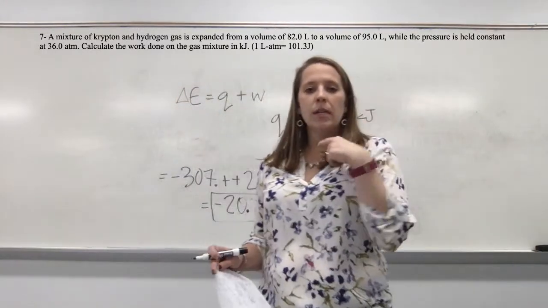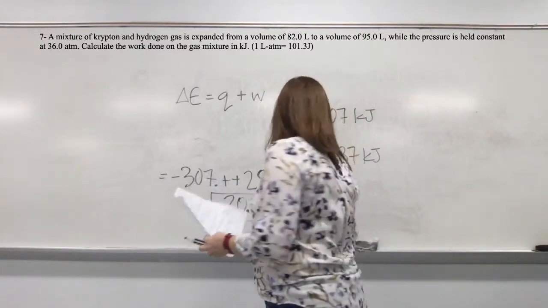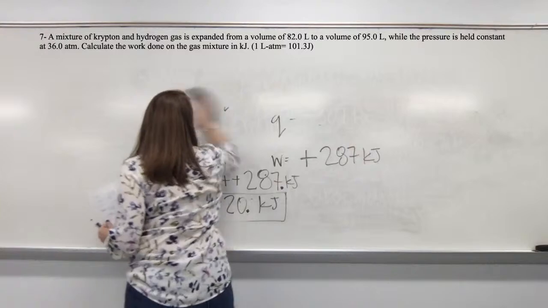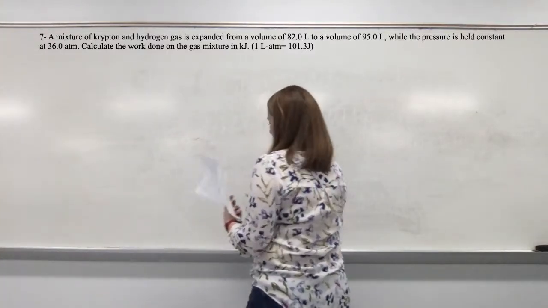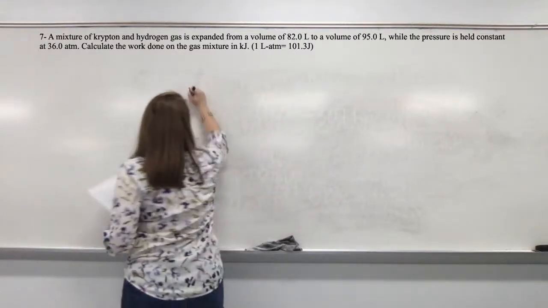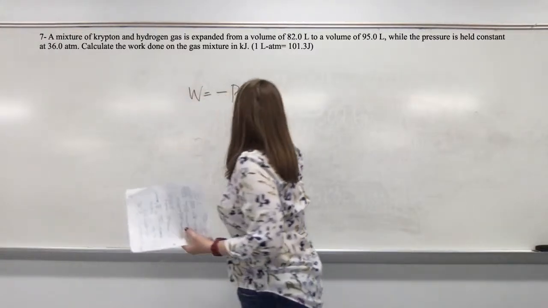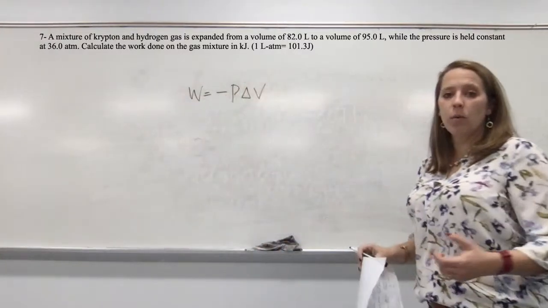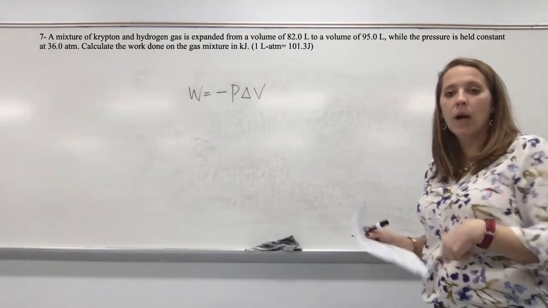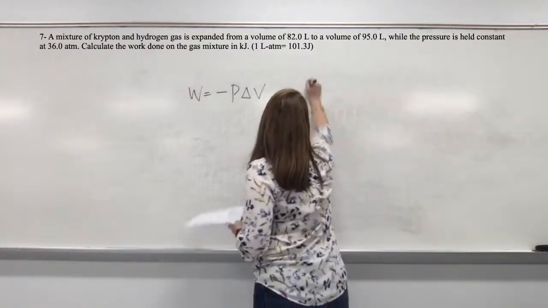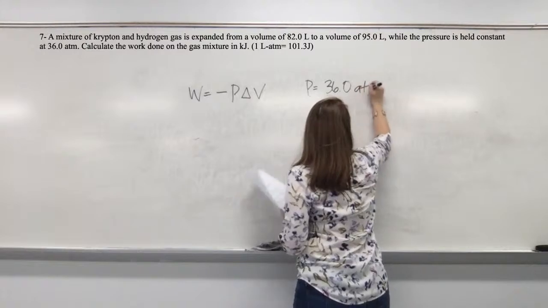So in this question, it's going to be work equals negative P delta V. So that's the equation we're going to work with. So once we know the equation, we can look back at our question and then try to figure out what the answer is. So the pressure is constant at 36.0 atmospheres.